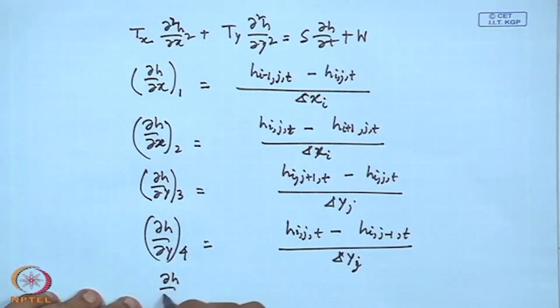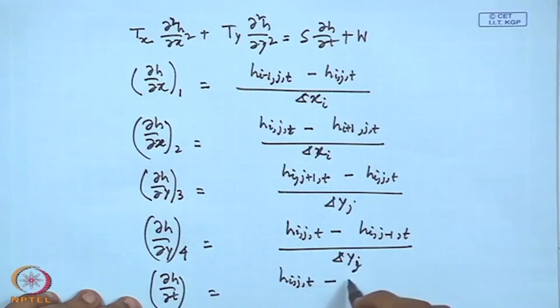And del h by del t is h i j t minus h i j t minus 1 divided by del t.